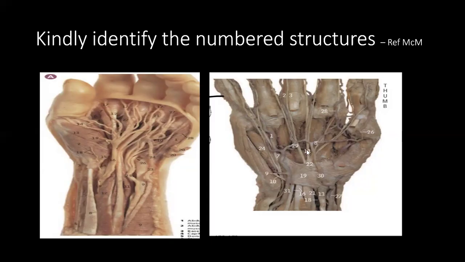Please tell me if you could identify number 29. Ma'am, this is the palmar arch, superficial palmar arch. Please tell me how the superficial palmar arch is formed. It is formed by ulnar artery and superficial branch of radial artery. All right. And what is the territory of supply of superficial palmar arch?